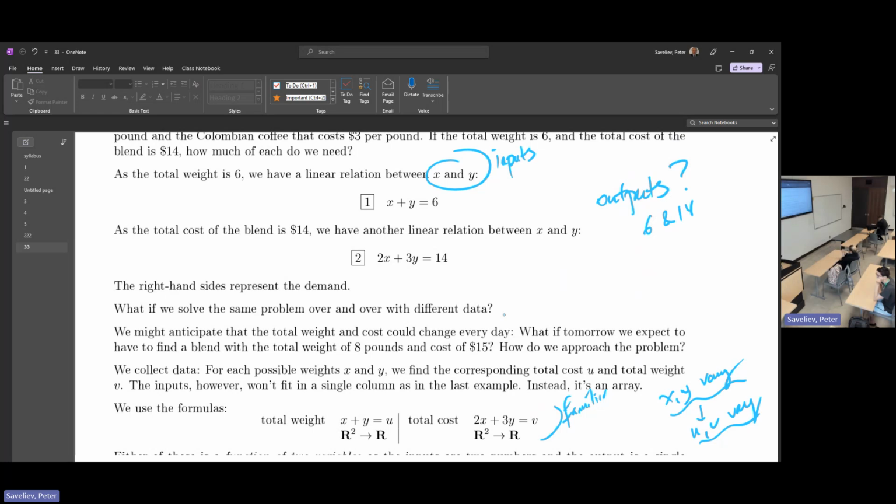Now remember, what is the graph of a function of two variables? How do we visualize a function of two variables? Two numbers are the input and the output is a number.